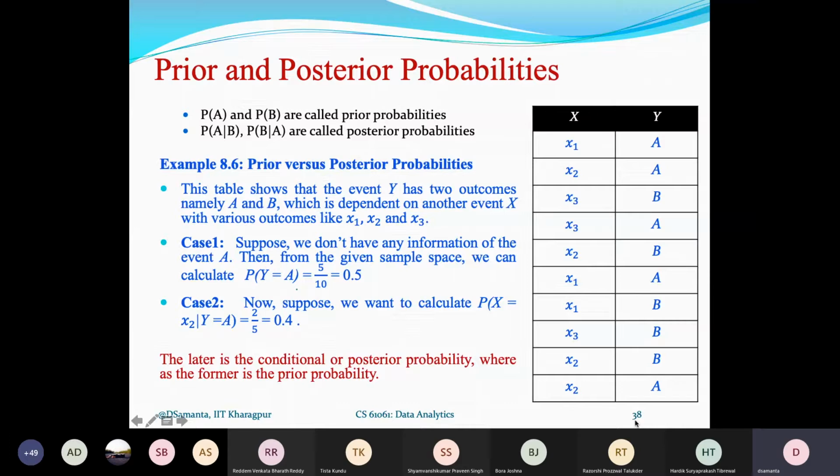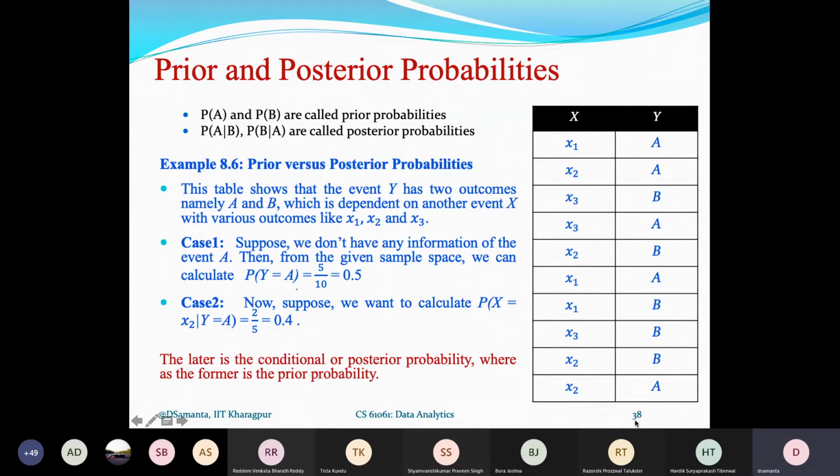Here, the total number of records is 10, and out of 10, the number of records labeled with class Y equals A is 5. So PA is equal to 5 by 10, that is 0.5. Similarly, PB is also 0.5.